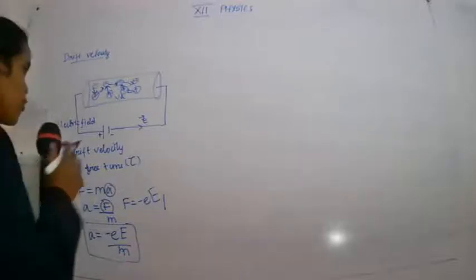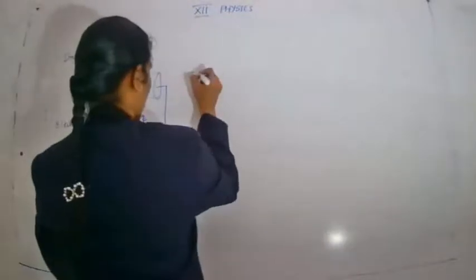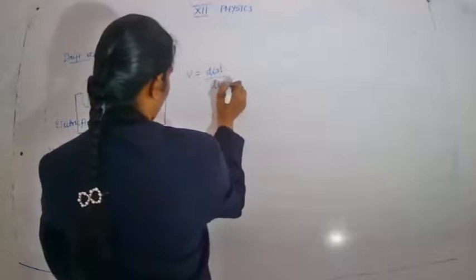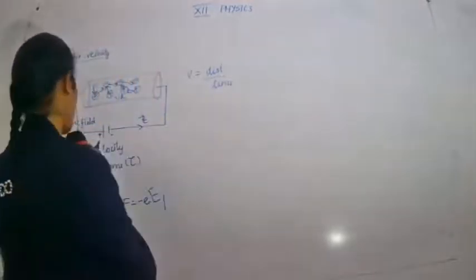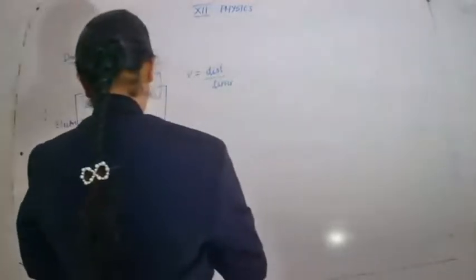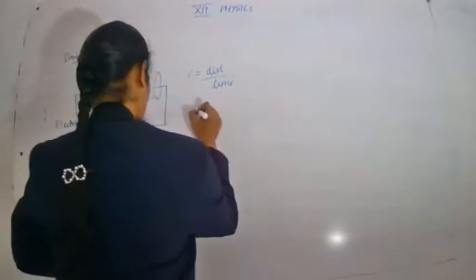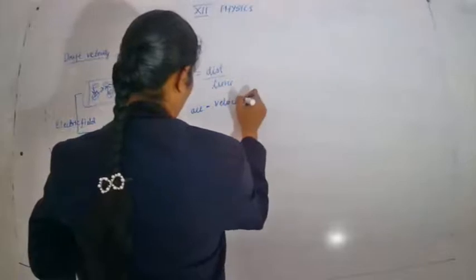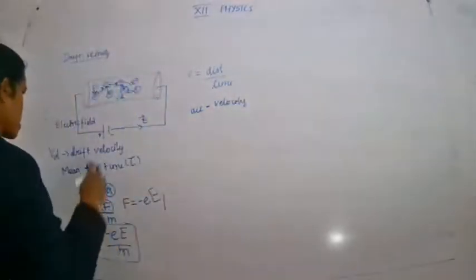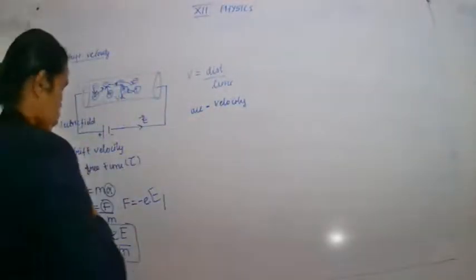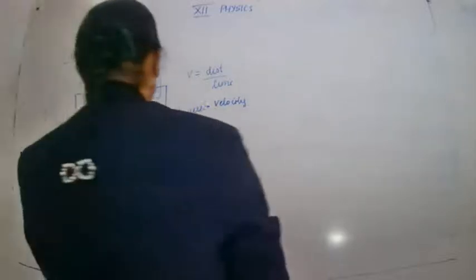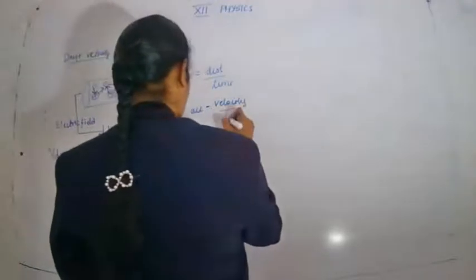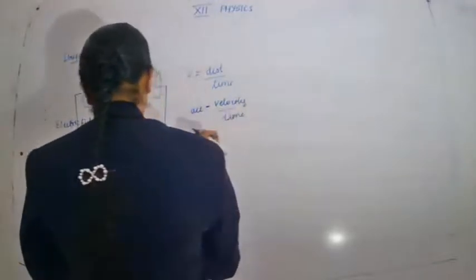Now we know velocity is equal to distance by time, and acceleration is equal to velocity by time. We take the acceleration because here there is a velocity and a time.